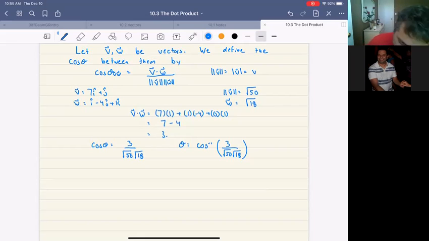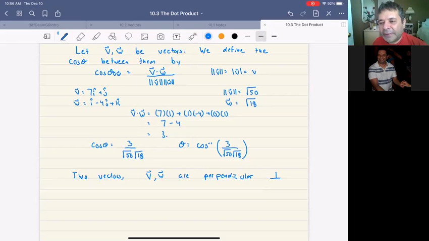Okay, so two vectors are perpendicular, and you often see that symbol used, if v dotted with w equals 0.